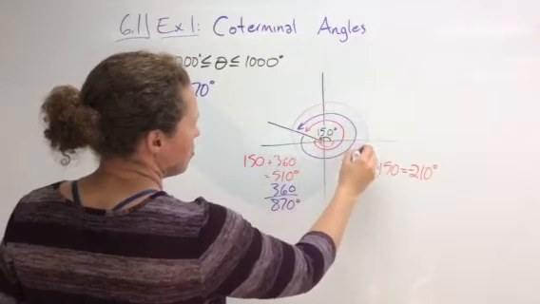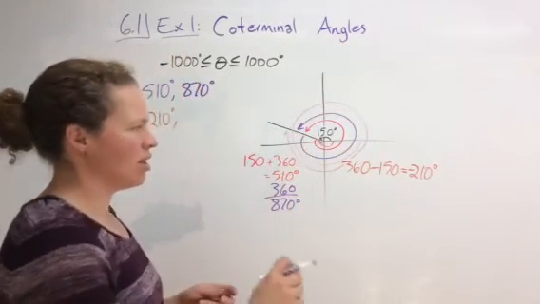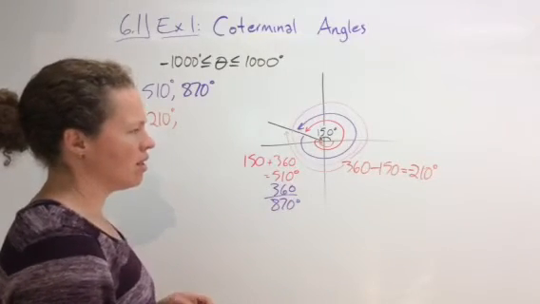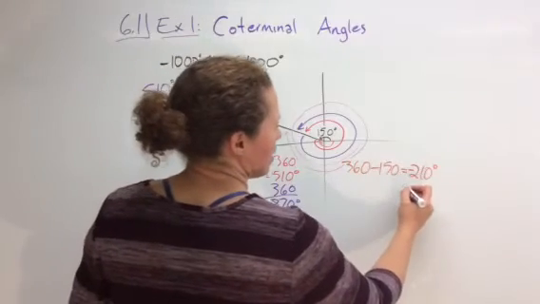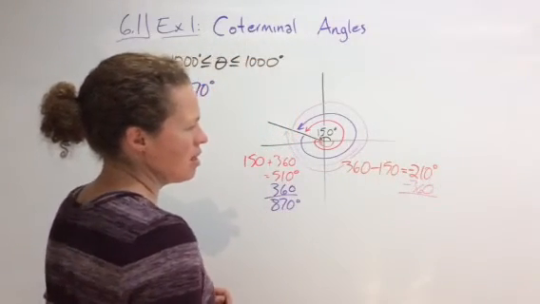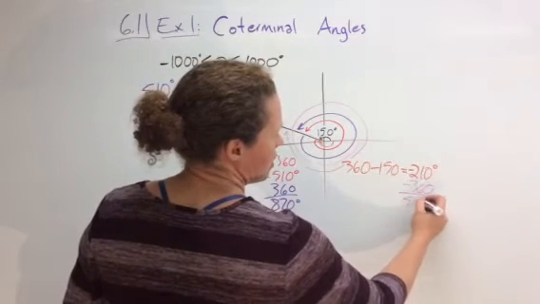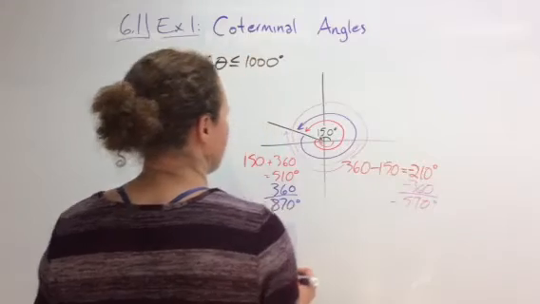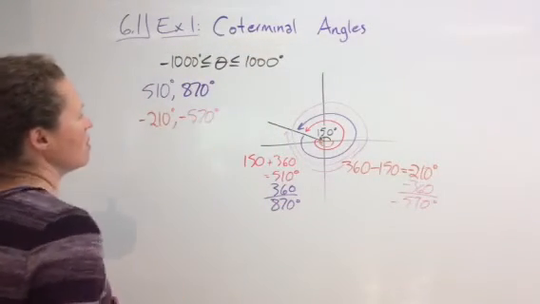And I'm just going to keep going all the way around, and you can see that I just took another 360 degrees, but in the negative direction. So I can go, okay, well, another negative 360 from there gives me 570 degrees in the negative direction. So I just added them up. So now I've got negative 570 degrees as well.